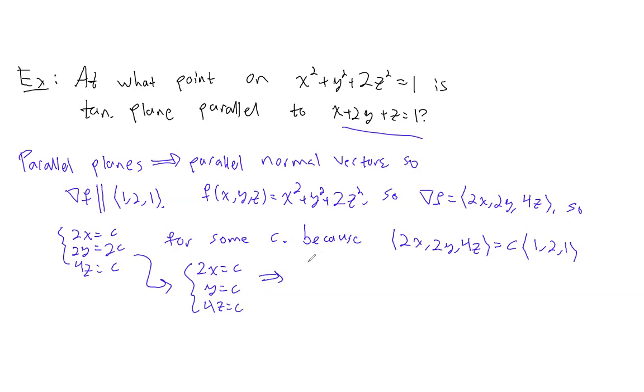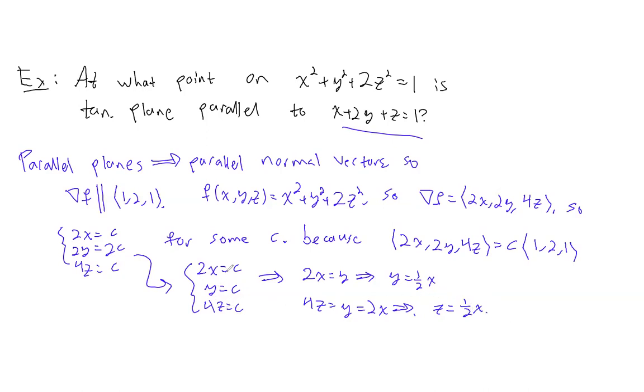So in other words, we know that 2x equals y, or in other words, y equals 1/2 x, and 4z equals y as well, which is to say that z also equals 1/2 x.